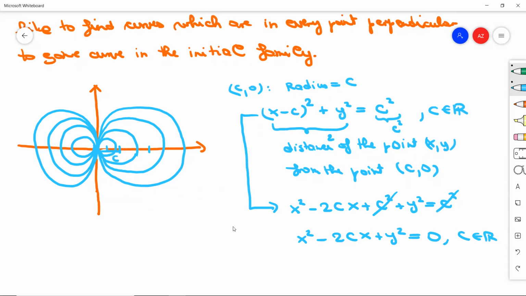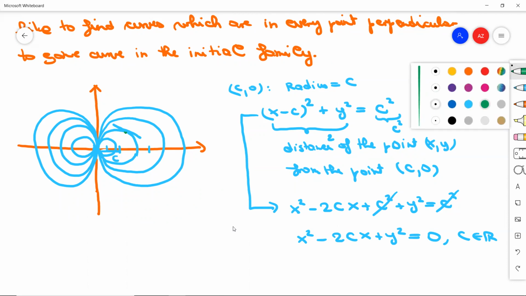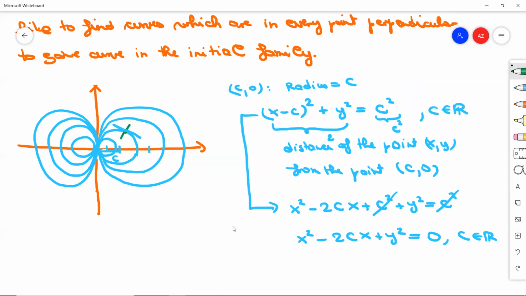And now we're searching for curves which are perpendicular. So let's say that we are at this point. At this point, the tangent to the curve from our family is this one. But the curve we are searching for must have a tangent which is perpendicular to that one. So it must be like that at this point.